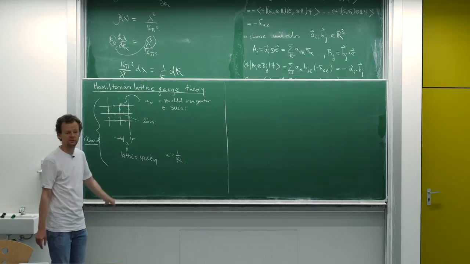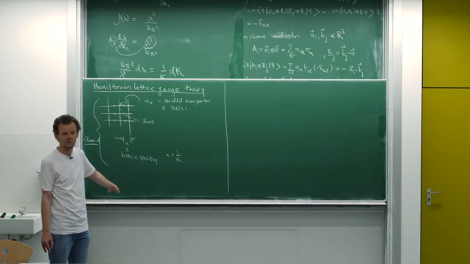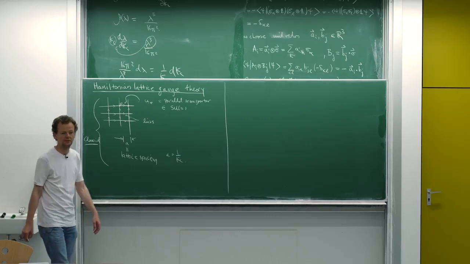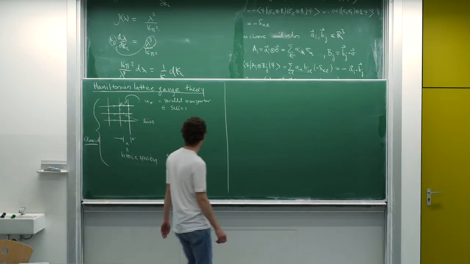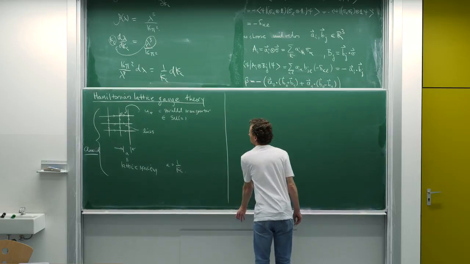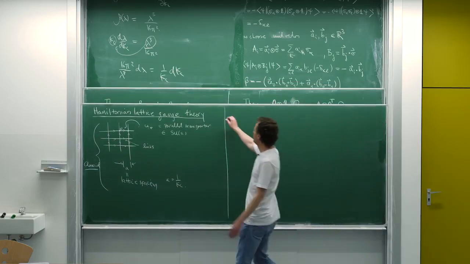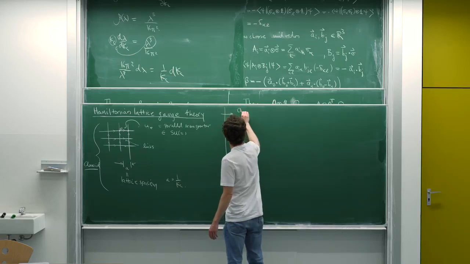We're not going to be so interested in the classical side because we want to build quantum field theories, we don't want to build classical fields. We're a bit more ambitious, and so we want to quantize this story.